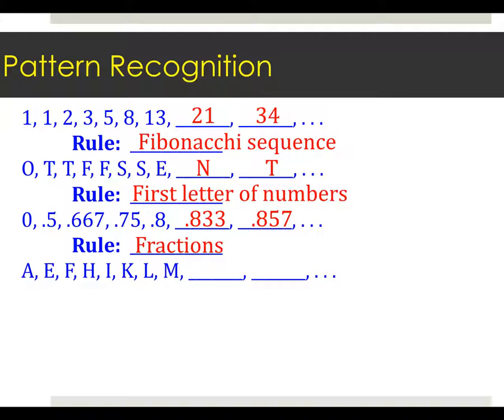What are you trying? I was trying to see what letters you're skipping, because they're in alphabetical order. Good. So for instance, from A to E, I skipped B, C, and D. So I skipped 3, but then E to F, I didn't skip any. Then F to H, I skipped 1.